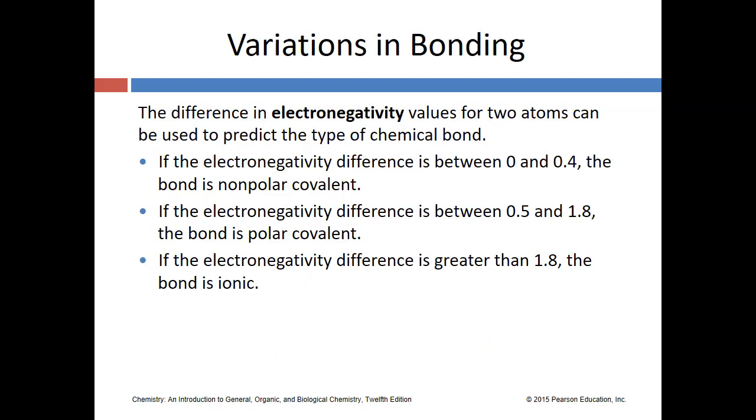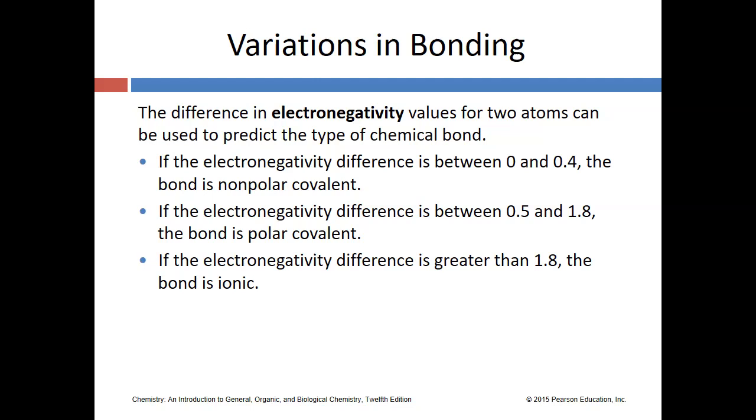If we put all this in summary here, the electronegativity difference does tell us a lot about the type of bonding that is going to exist. If that difference is 0.4 or less, we consider the bond to be nonpolar.